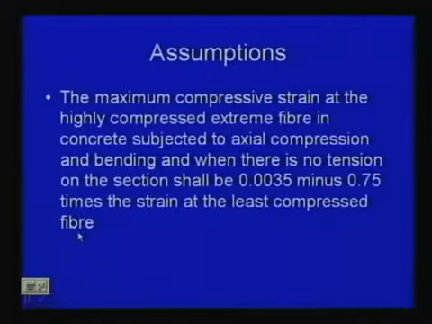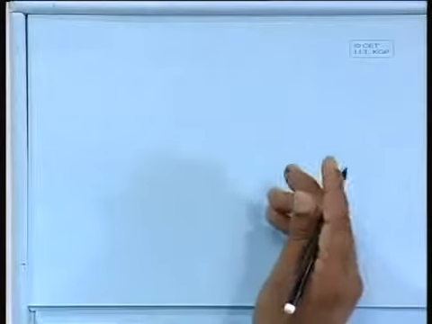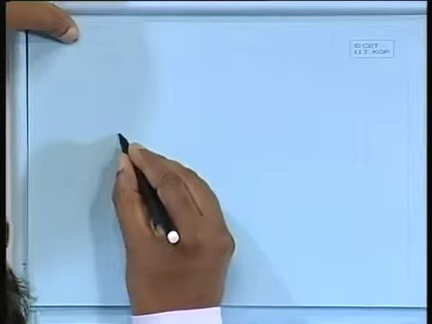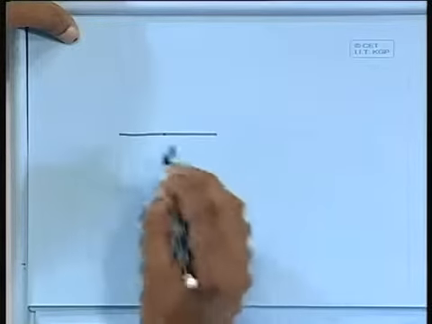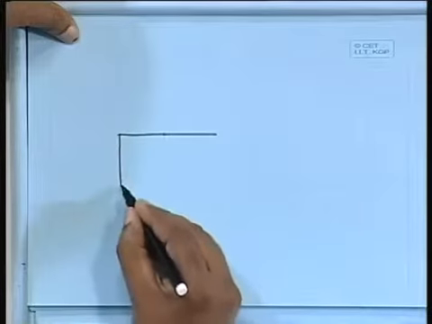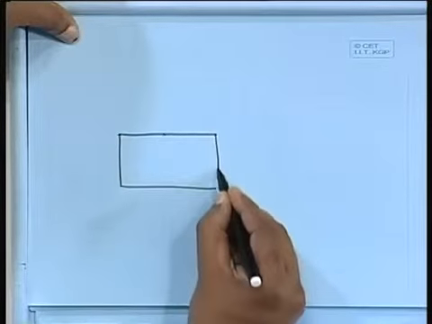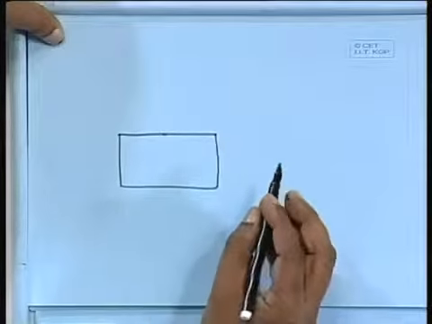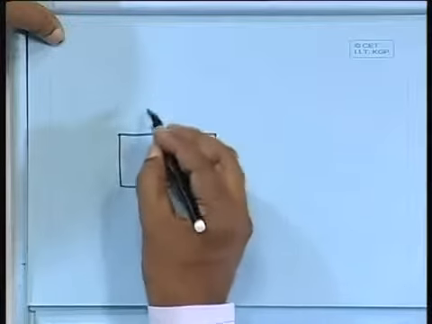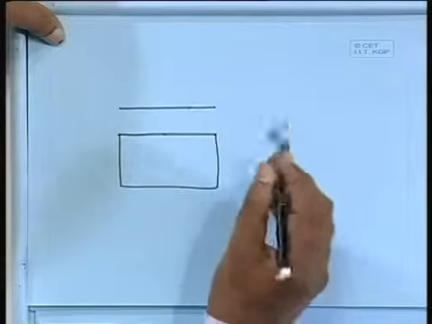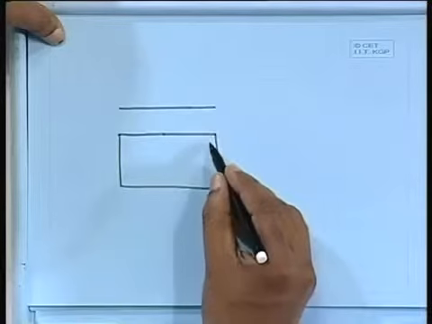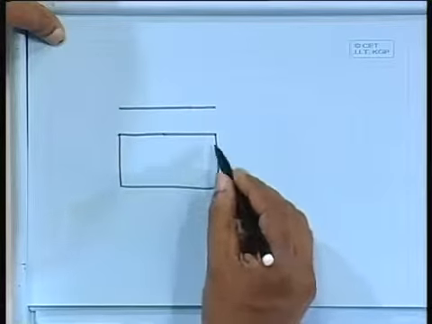the cross section. This is the cross section of a column, and it says that, let us assume this is your maximum compressed side.